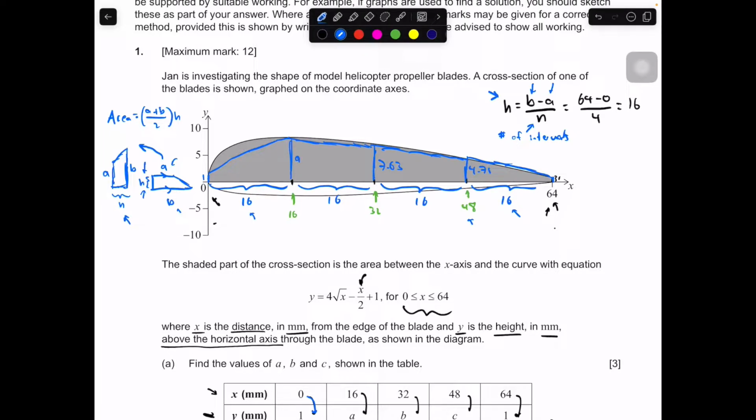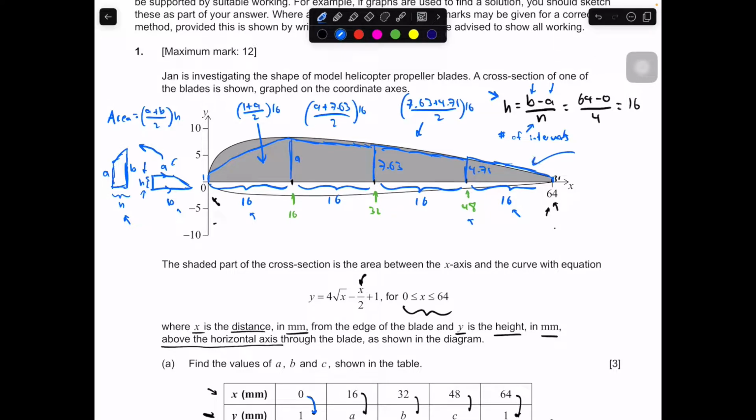And so we can use the trapezoid to find, let's say, the area of this, which is just going to be 1 plus 9 over 2 times 16. And this would be 9 plus 7.63 over 2 times 16. And this would be the average of these two, 7.63 plus 4.71 over 2 times 16.